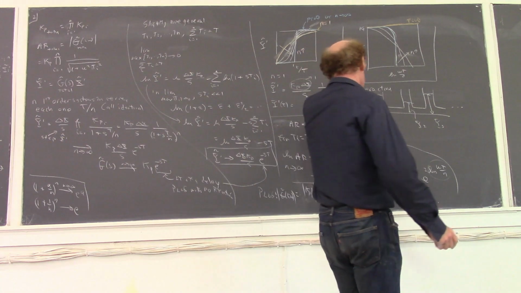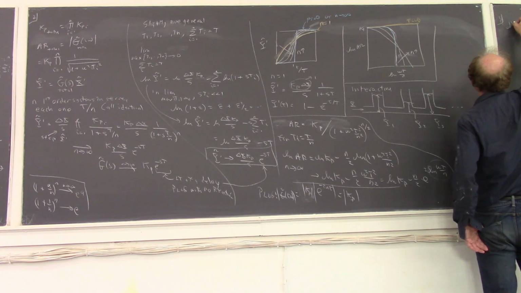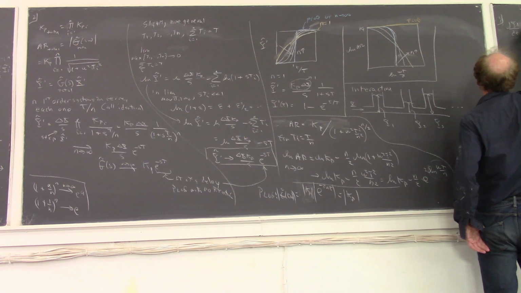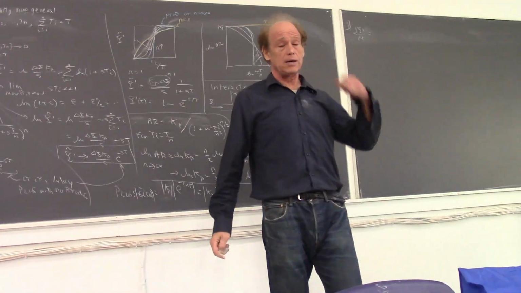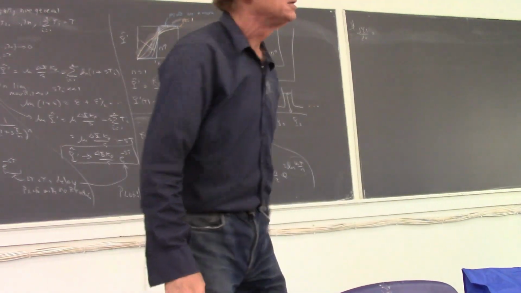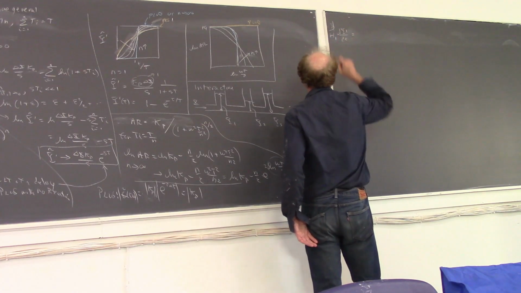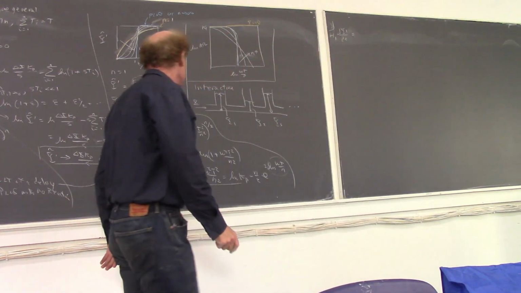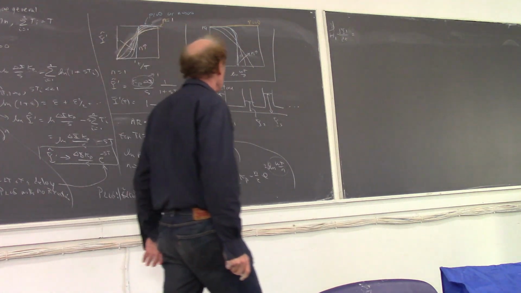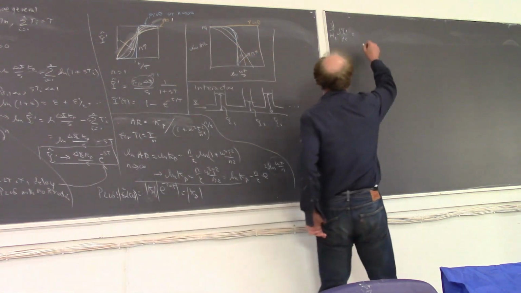So if I want to write out dy1/dt, well, let's just get my notation correct. I'll just say h1 is some sort of height. dy1/dt, well, what's coming in is x.